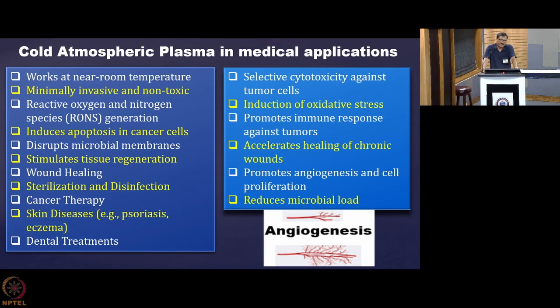Now if you apply some external stress over the cells, then for the cancer cell it goes beyond the death limit, so those cells die, but for healthy cells the stress increases but remains within the bearable limit. After you have removed the exposure to the reactive plasma species, the healthy cells recover but the cancer cells die permanently.